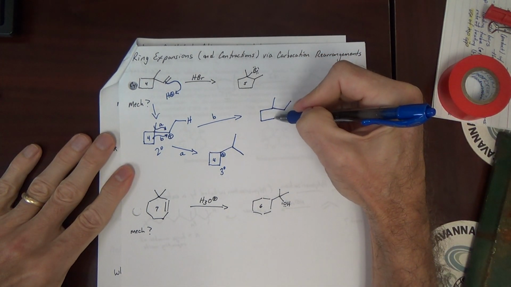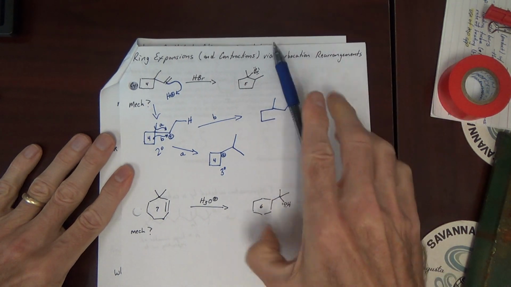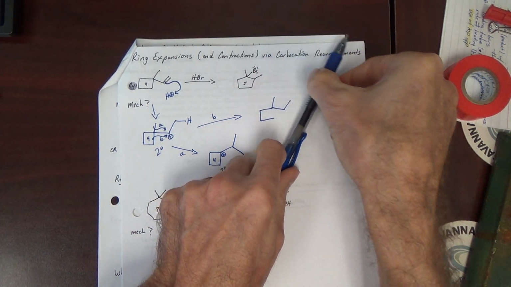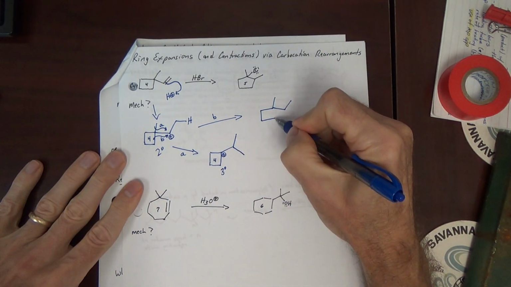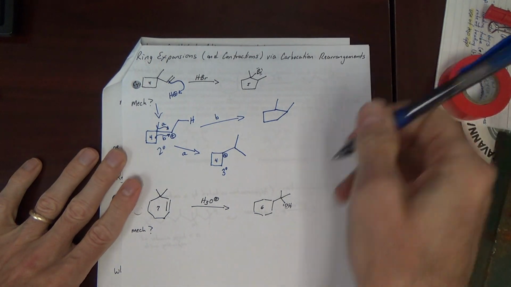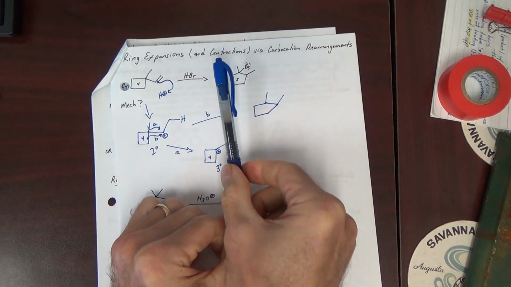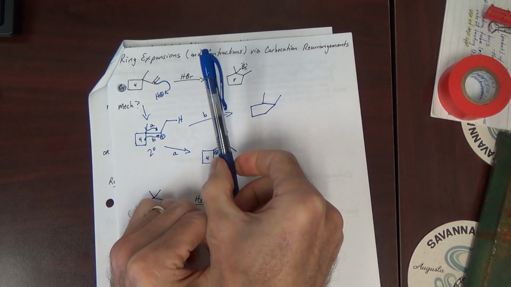The electrons used to be bonded up here. Instead, we took them and moved them over to the next carbon, and so now they're bonded over there. All right, windshield wiper. Back and forth. We moved it over here.